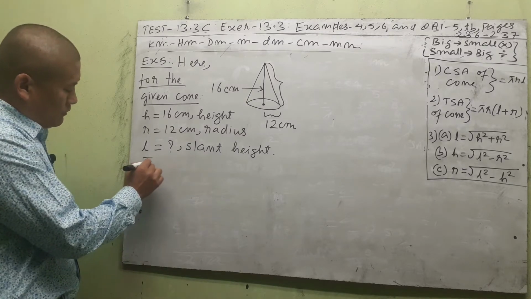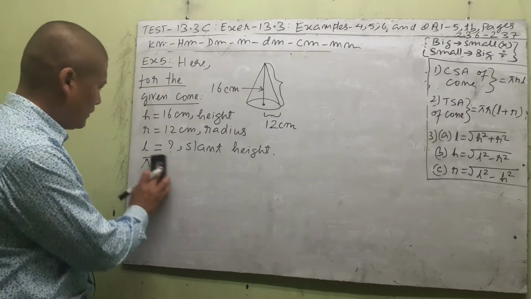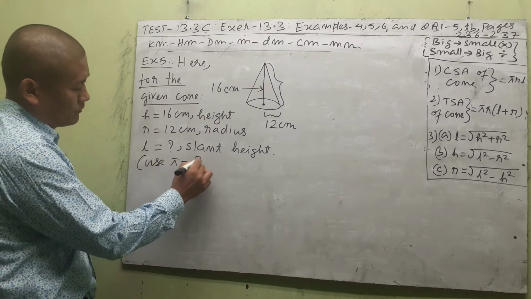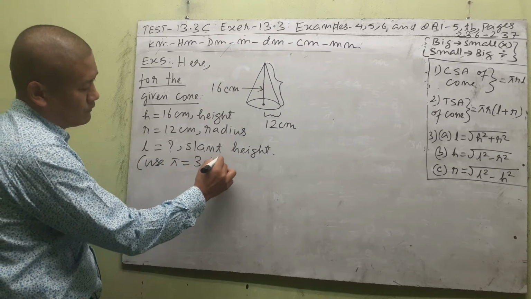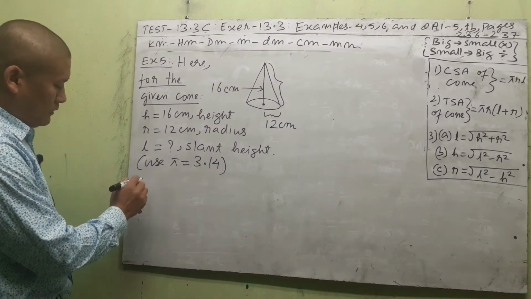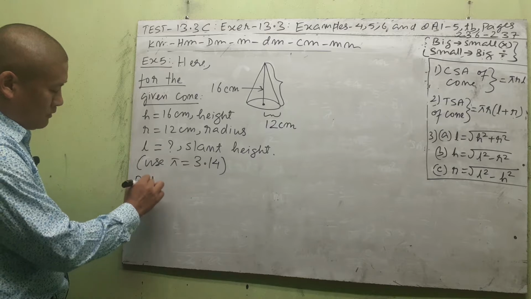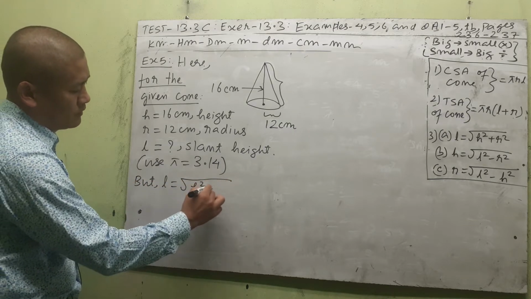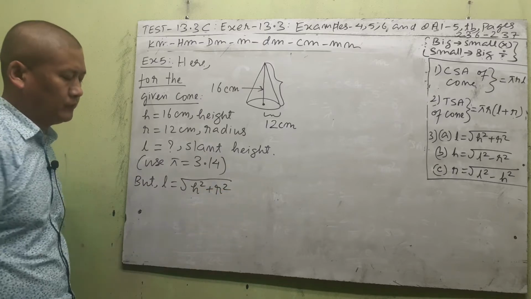Before we proceed, the question is saying this, so let's write down this one. We are supposed to use pi as equal to 3.14 in this question, okay, and not 22 by 7. But we can say L formula, one of them is there, root over h squared plus r squared.